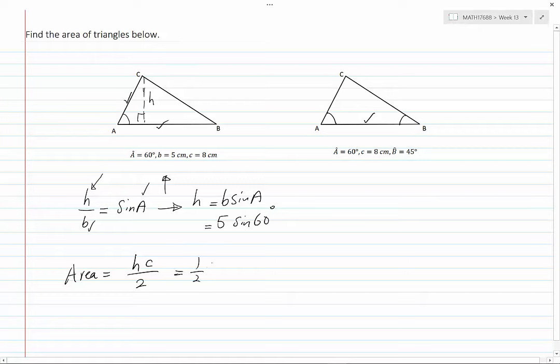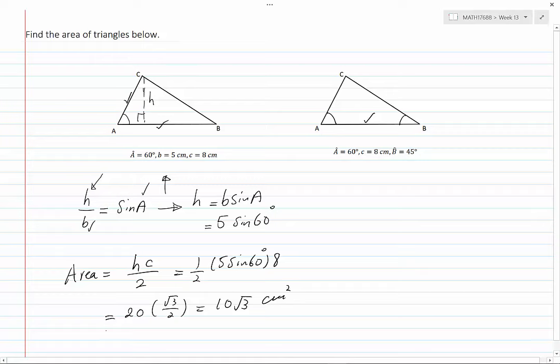This is 1/2. For H we can put 5 sine 60 degrees, and for C we can put its value, which is 8. This becomes 20 sine 60, which is root 3 by 2, and that is 10 root 3 centimeters squared.